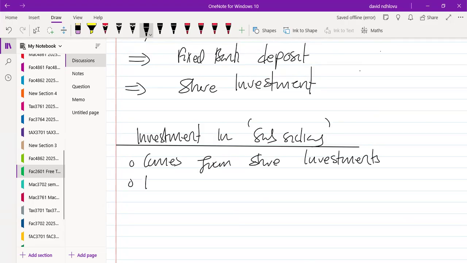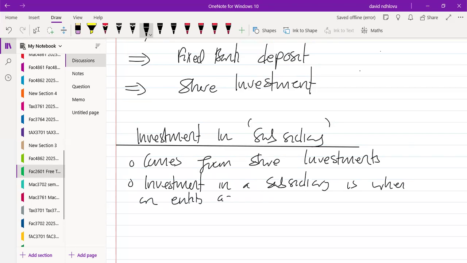Now, an investment in a subsidiary is when an entity acquires more than 50% of the ordinary shares of the investee. More than 50% of the ordinary shares. We must be clear: ordinary shares, never preference shares.